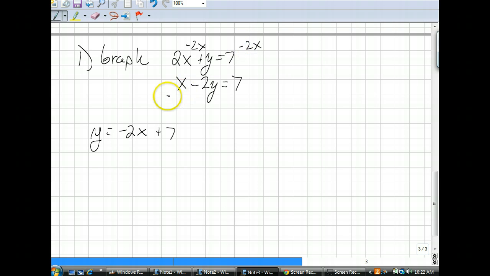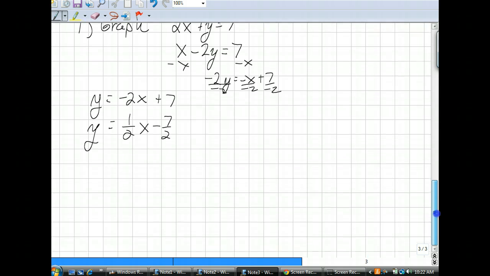And the second one, I would subtract x and then divide by negative 2. And so the second one would be y equals 1/2 x minus 7/2. And I think you can already start to see what the problem might be.